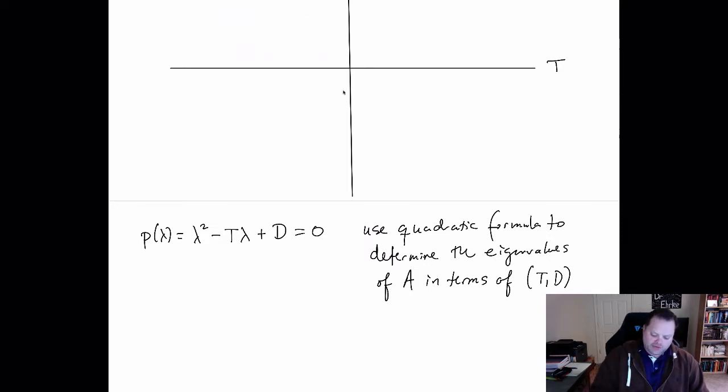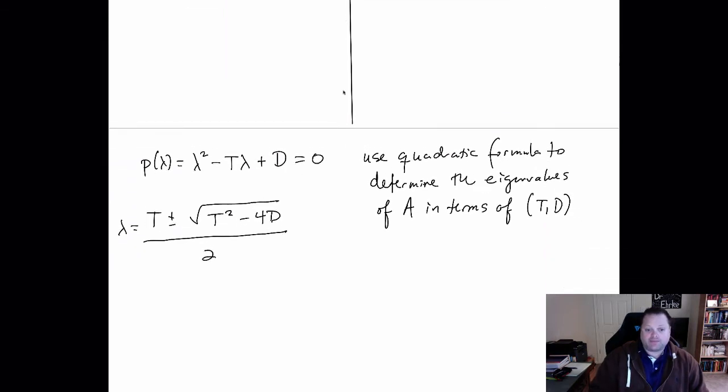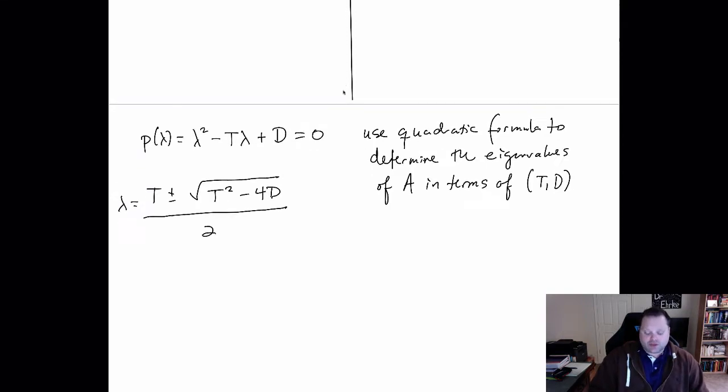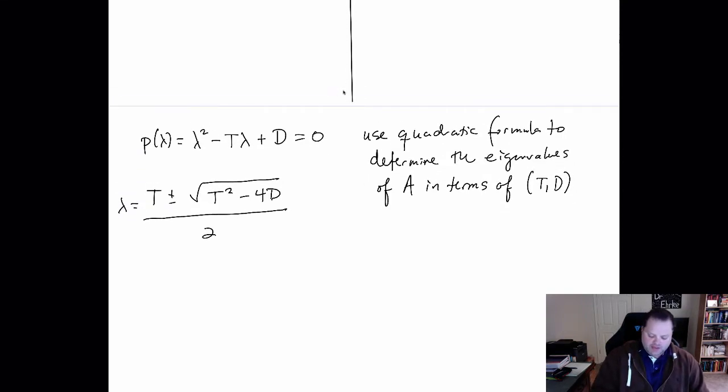So if I use the quadratic formula, I would take the opposite of b, so it would be T. So lambda is equal to T plus or minus the square root of b squared minus 4ac over 2 times a. And what is particularly interesting about this is that here lambda is T over 2 plus or minus, and you end up with what we call the discriminant.